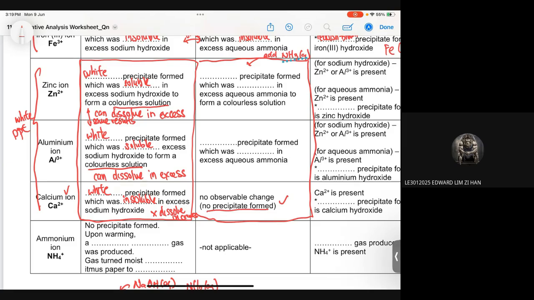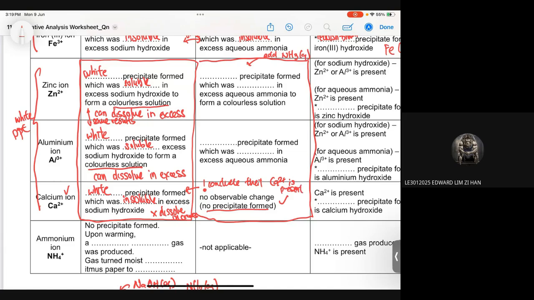So if you add aqueous ammonia to the solution that contains calcium ion, you realize that there's no precipitate formed. So this sets itself apart compared to the other two. Now, having no precipitate form, please, that is not a conclusion. That's not a conclusion to say that calcium ion is present. You need to have this to conclude that Ca2 plus is present.